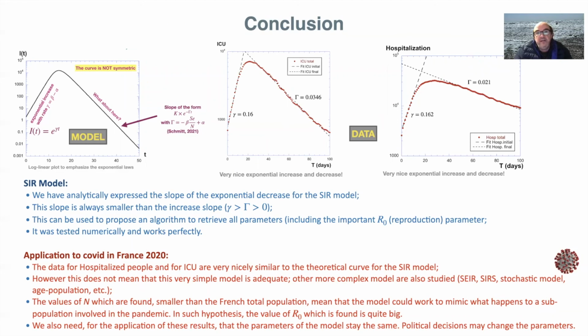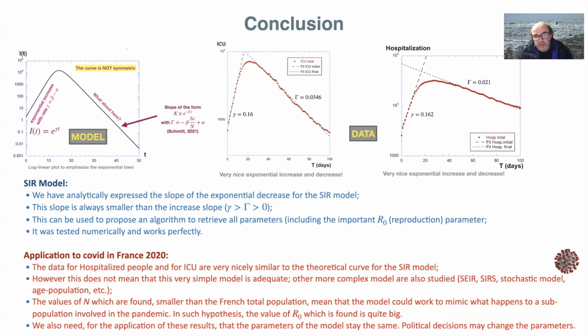Then we tried to use this algorithm on real data in two situations: first the ICU, intensive care unit, and then the hospitalized people. What is very interesting is to find that, as in the model, we have an exponential increase and also an exponential decrease. So it's really close. And so we can find the different parameters.